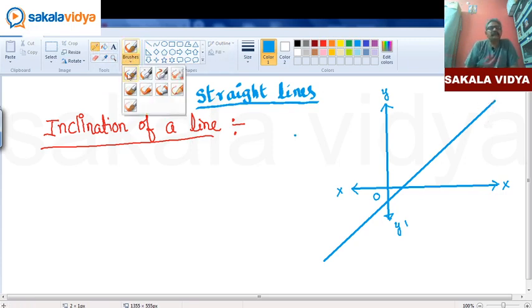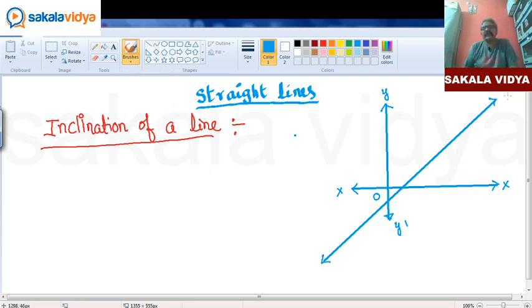Now say this line is L. Suppose the L makes an angle theta in anti-clockwise direction, in positive direction. This theta is called inclination of a line.